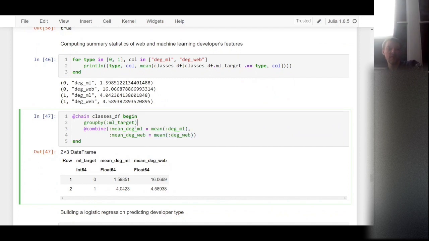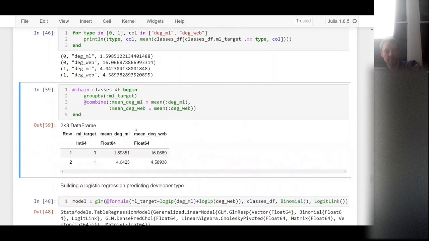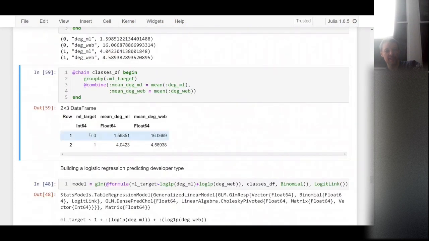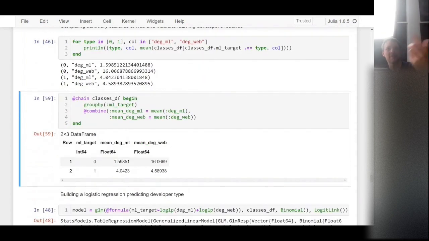Yes? And if I run this operation, it is run by groups, and in the output, I get a nice data frame where I have for ML target 0 and 1 exactly the same means that we have seen before. Yes, but now I didn't have to write some long cryptic code, but rather in a much more readable way.